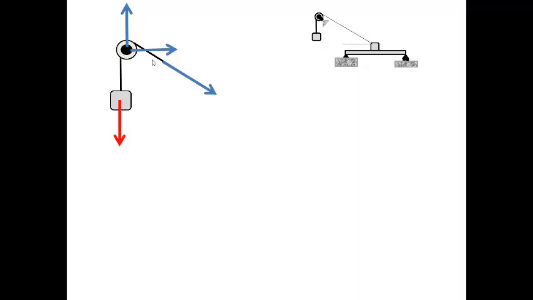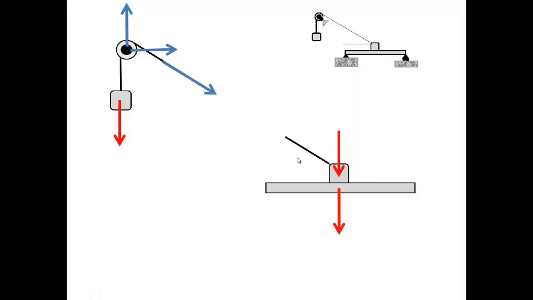Next, I will consider the free body diagram for the beam, the box, and the cable. I will begin with showing the weights of the box and of the beam.